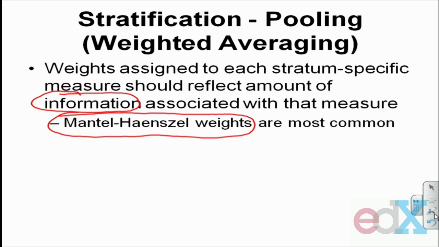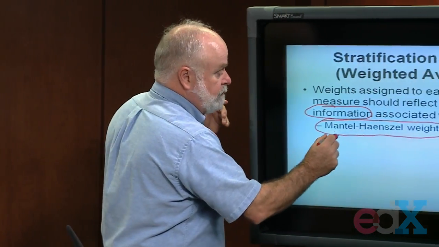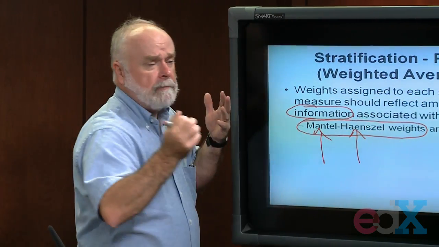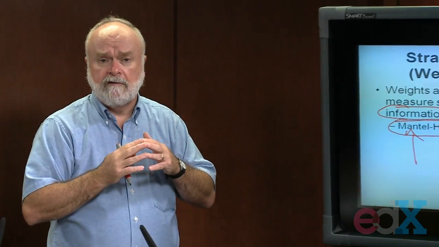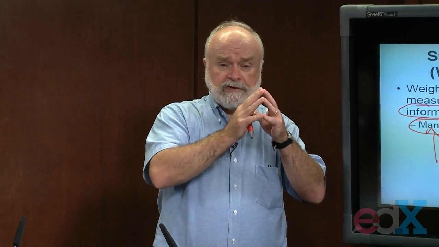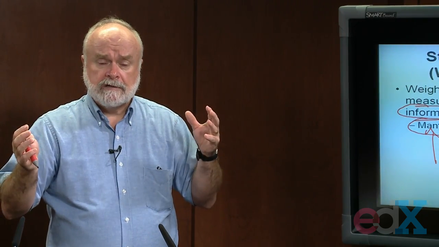The Mantel-Haenszel weights, as I'll explain in a future slide, are developed from a paper written by two individuals, Nathan Mantel and William Haenszel, and they are the most commonly used weights when we do stratified analysis. Back when I was learning epidemiology, their paper was the most commonly cited paper in epidemiologic papers, because those papers would use stratification with the Mantel-Haenszel weights.